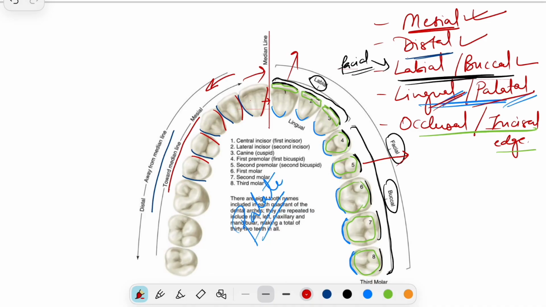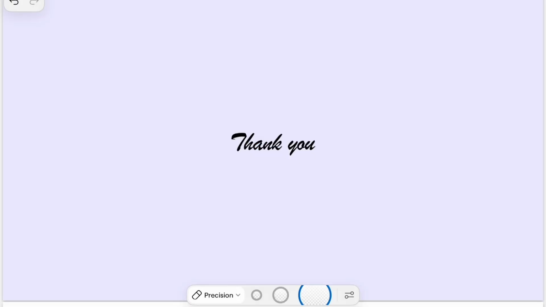You'll call it lingual surface in the mandibulars, while the palatal surface in the maxillary teeth, which are facing the inside of the mouth. Then we have your occlusal and incisal edge. So incisal edge in the anteriors, because we have a very thin edge here, and the occlusal table in the posteriors. Okay, and so that was pretty much everything about the nomenclature.